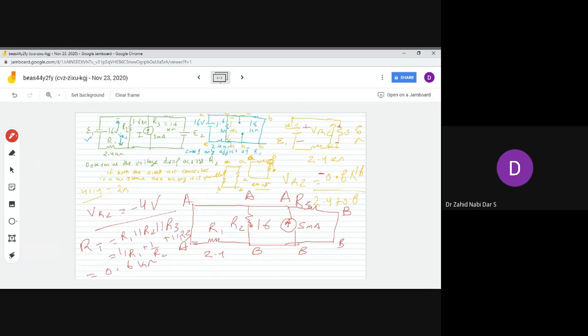Now the resulting voltage across R2, the drop across R2, would be the current into the resistance. So VR2 would be I into R equivalent.